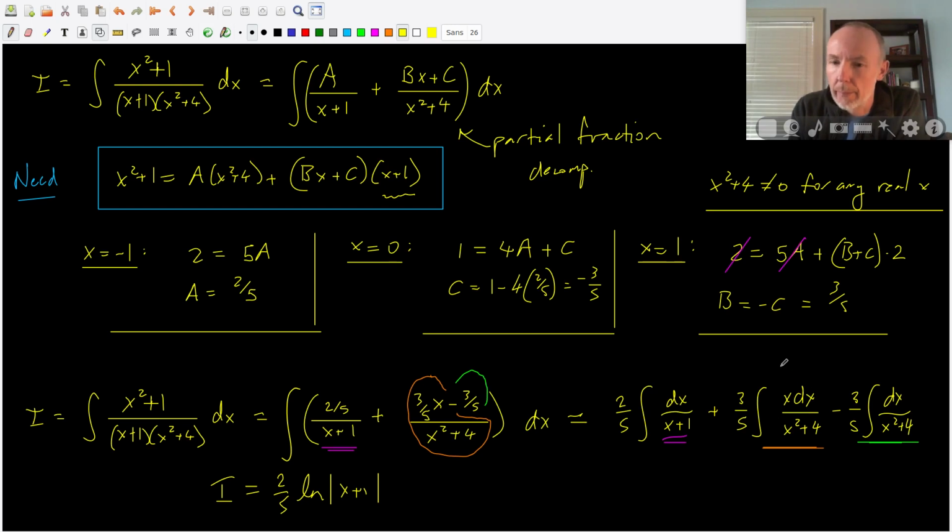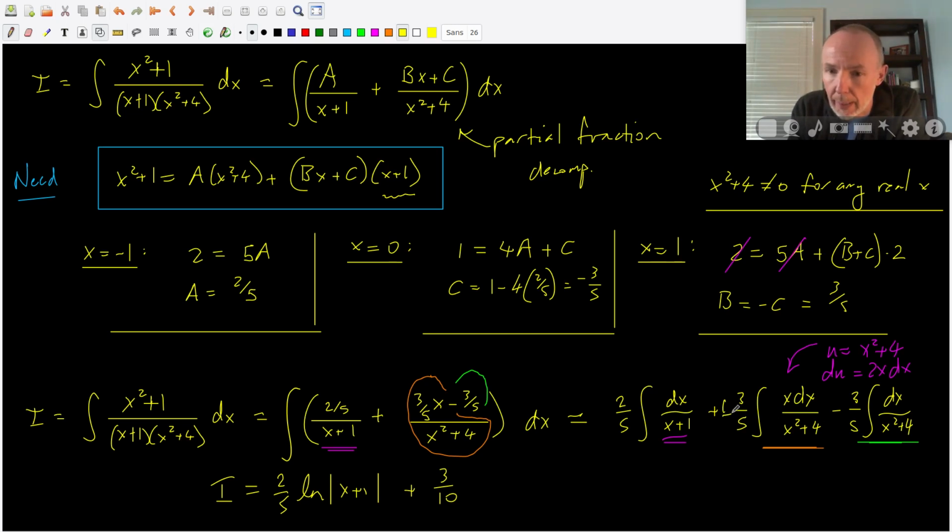The next one, you might not immediately realize, but if you look at it for a second, hopefully you'll see that this is a u substitution. u is equal to x squared plus 4. du is 2x dx. And so when you do that, you're going to end up with a factor of a half out the front. And what you're going to end up with is 3/10 of, this becomes du over u, right?